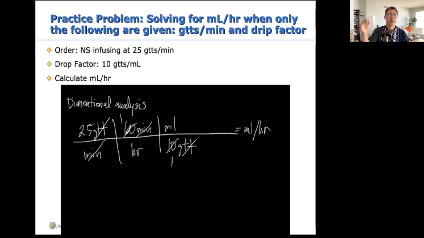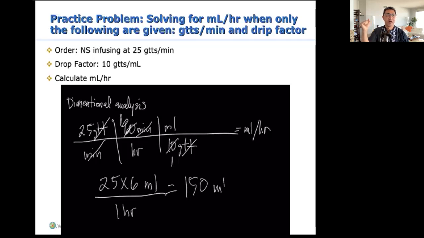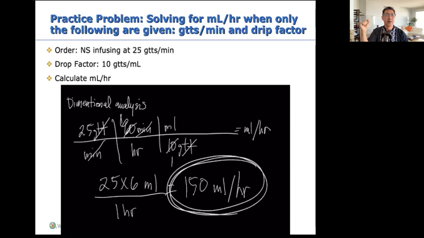Crossing off like terms. I hit a roadblock here because I wrote 1 there instead of 6. 25 times 6 over 1 hour. So I will be setting this IV pump at 150 mLs an hour.